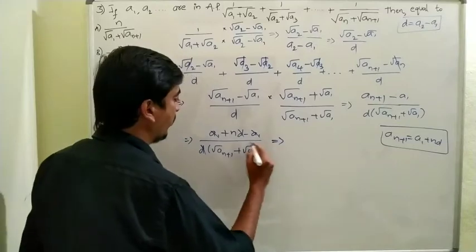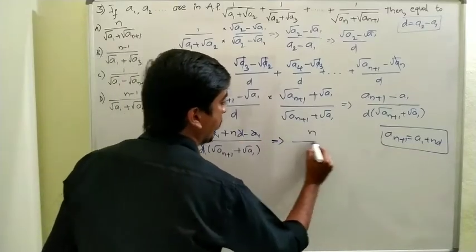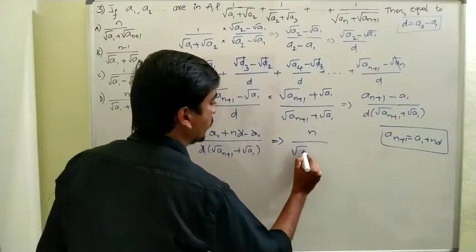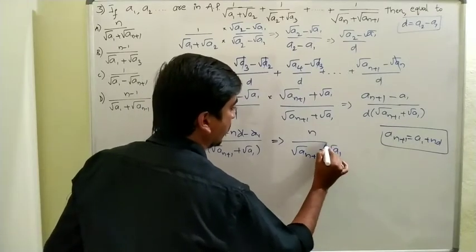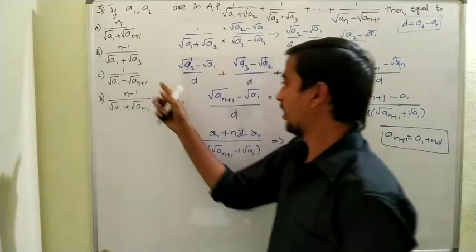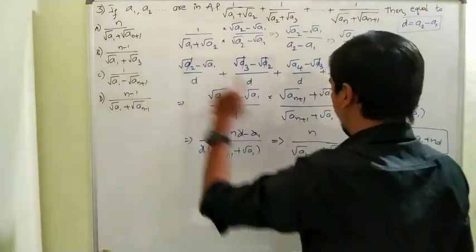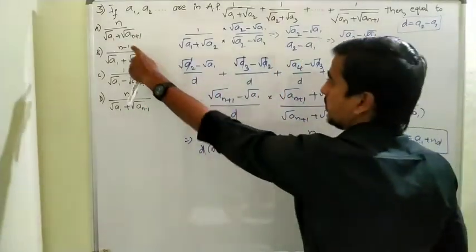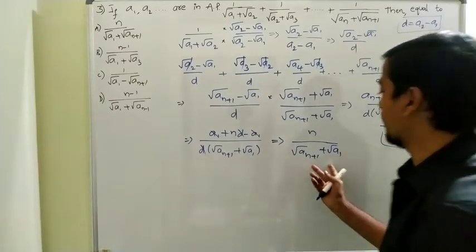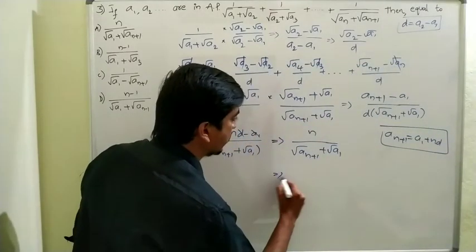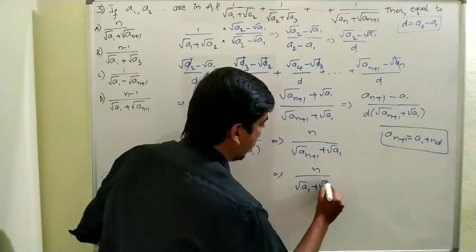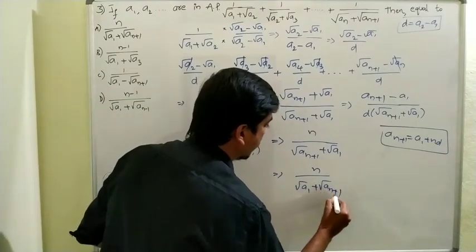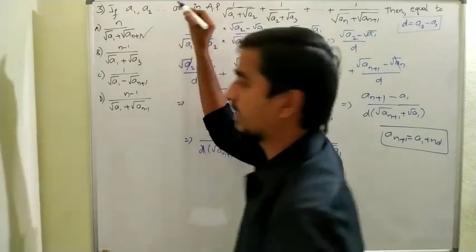Finally we are left with n by root a(n+1) plus under root a1. Is it there in our options? The first option is correct: root n by root a1 plus under root a(n+1). The terms are reversed, so we can rewrite these terms as n by under root a1 plus under root a(n+1). So the first option is correct.